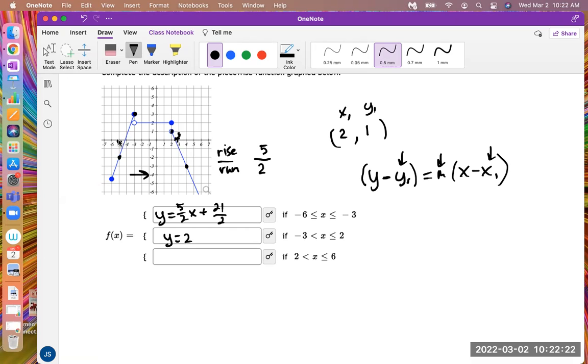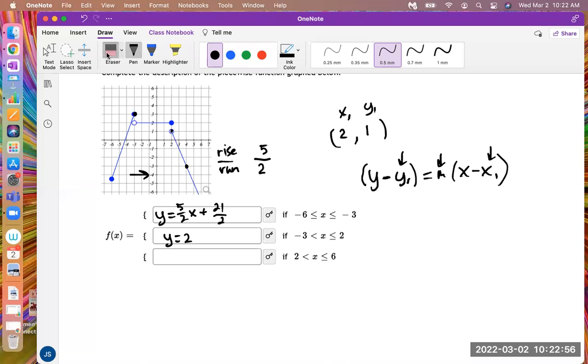And the same thing, just to double check that I did my calculations correctly, when I travel from left to right across that other line, I would be going uphill. So I knew this was a positive slope. And this appears to be a large negative slope, close to 5 halves. They look like they're the same but opposite, right?